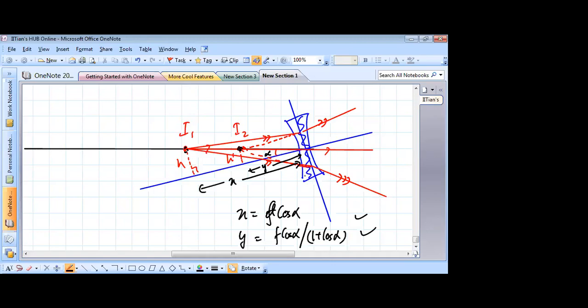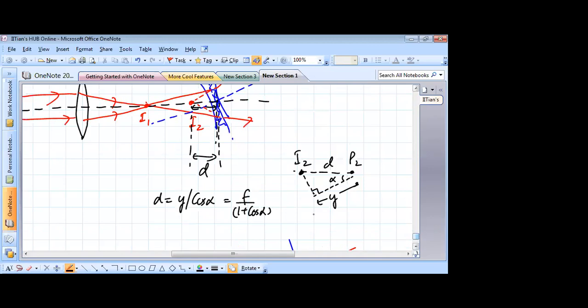No, the distance of the final image D will be this thing. It is f by 2. Now see, if alpha is very small, then there's hardly any difference between this distance d and this distance y. See, here, this will also be f by 2, approximately f by 2, if alpha is very small.